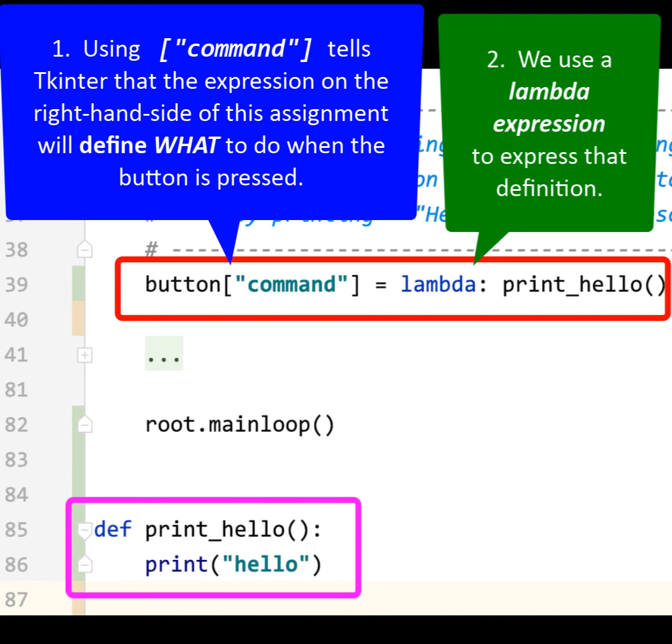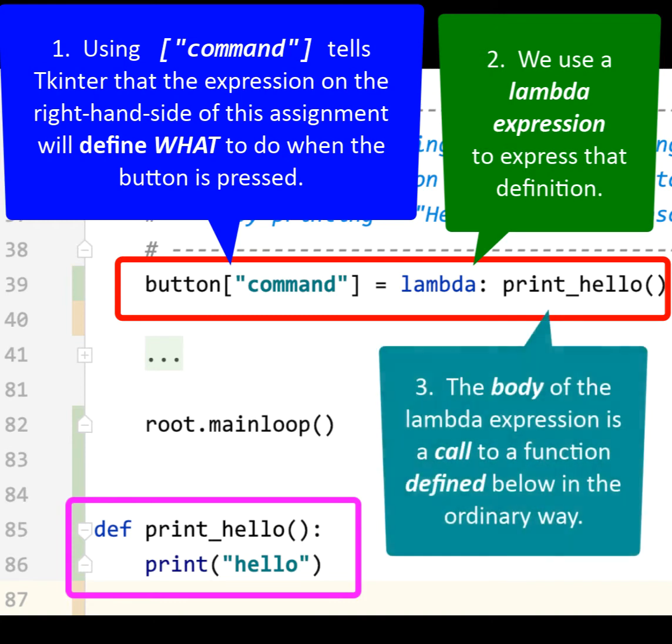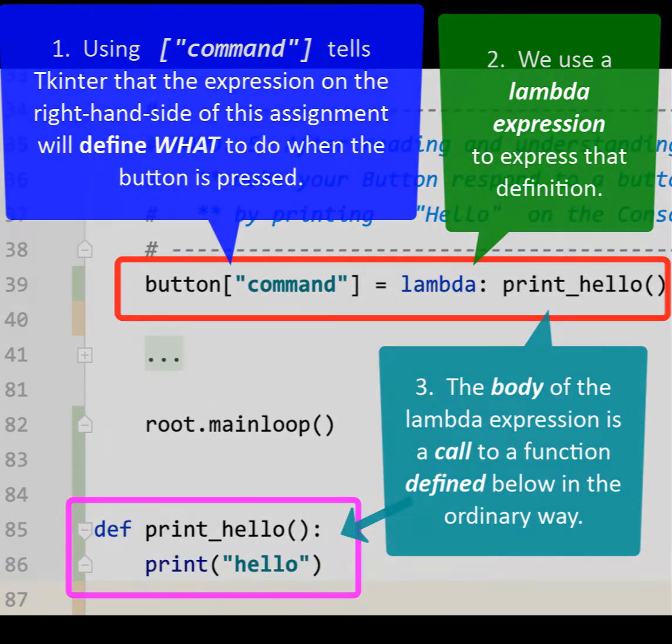Doesn't call anything, just defines something. Third, the body of that lambda expression is a function call that runs when the button is pressed. Here that's a function call to the function print hello. Print hello is an ordinary function defined in the ordinary way outside of the current function, way down there at the bottom. Make sure you understand all that, replaying the last 30 seconds or so as needed.